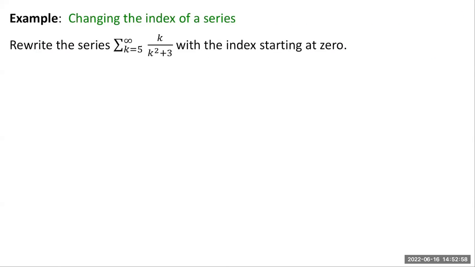Next, I want to walk you through this example. Rewrite the series. This is the given series: sigma k goes from 5 to infinity, k over k squared plus 3, with the index starting at 0. In the given series, the indexing starts at 5, but in the new series we need the same series with a different starting index, which is 0.